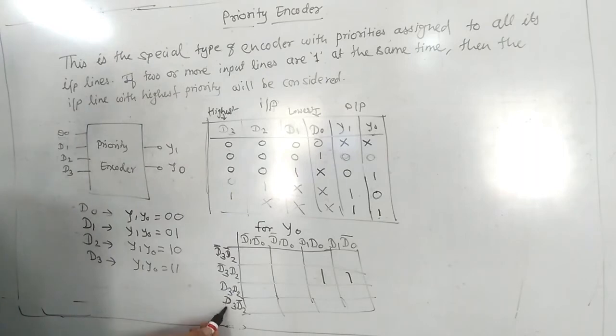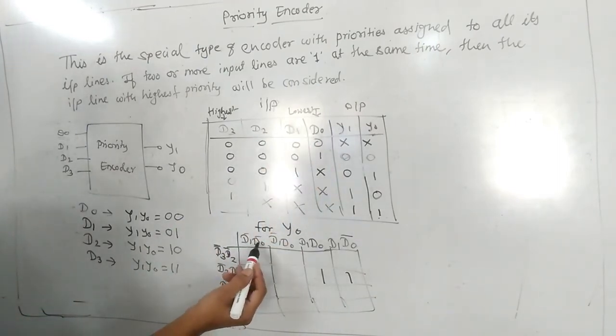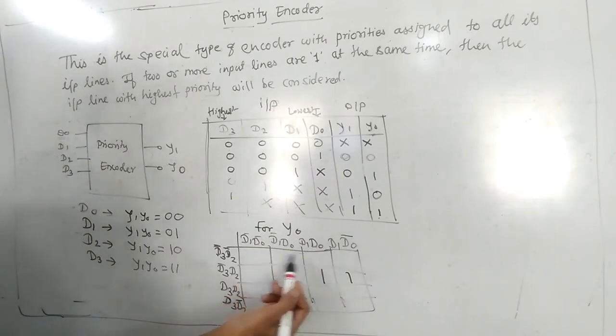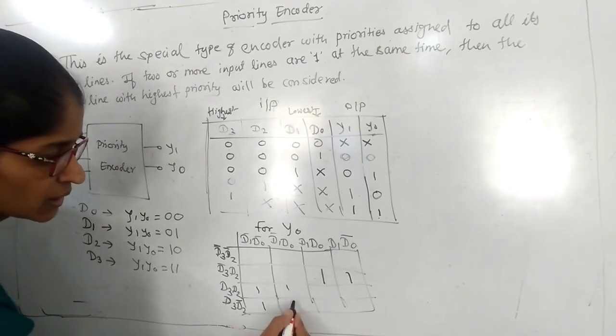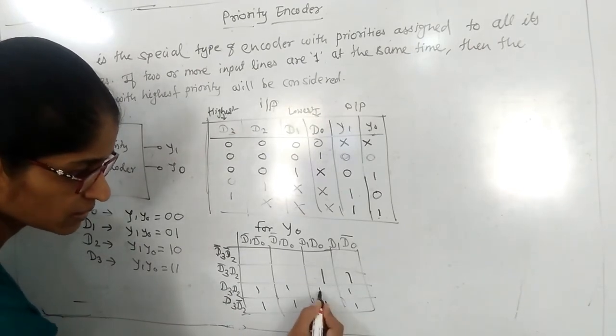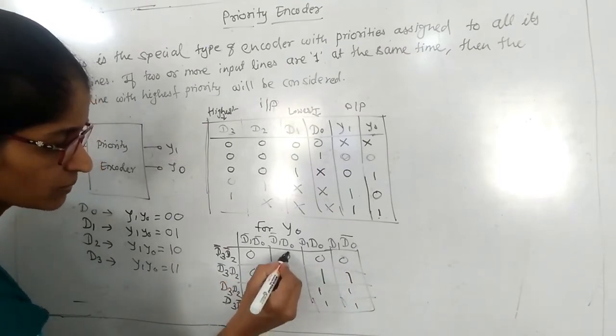For these two rows D3 is uncomplemented, and D1 and D0 are don't care. Whatever the status of D1 and D0, 0 0, 0 1, 1 0, 1 1, no issue. We just check D3 must be 1. So here we can plot the 1s and put 0 in the rest of the cells.